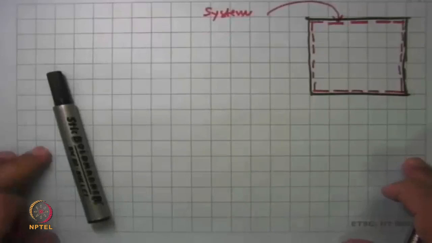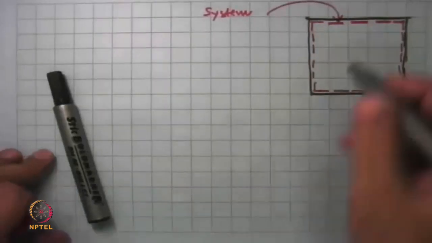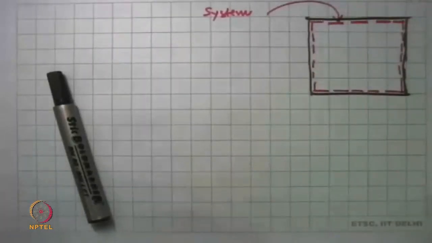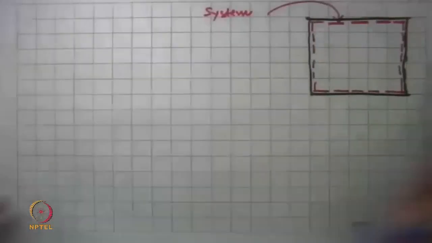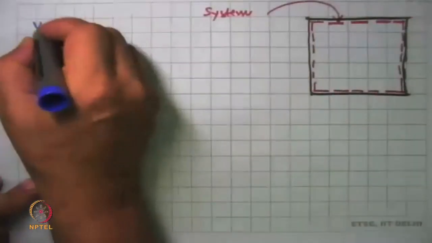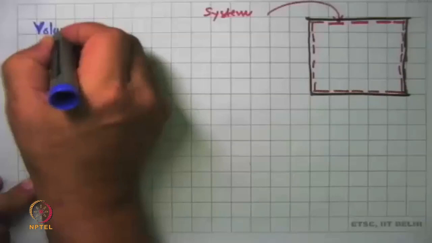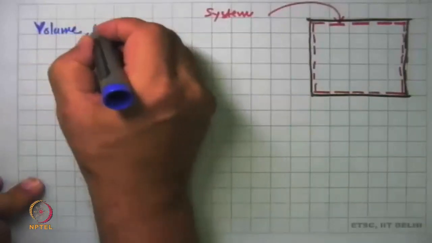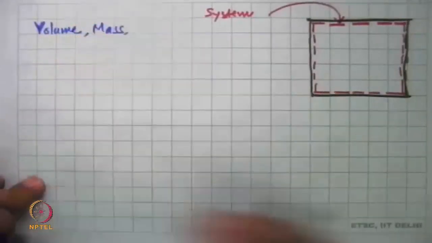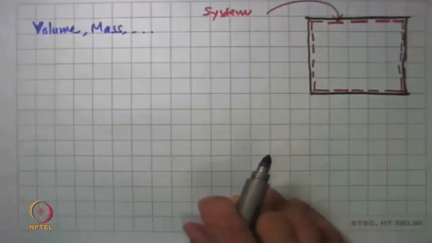And next, we say, well, what can I say about this system? So I can tell you what the volume is, what is the mass, and one can add on things. Later on, you can say what is the energy of this, things like that.